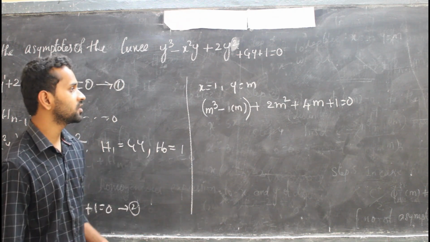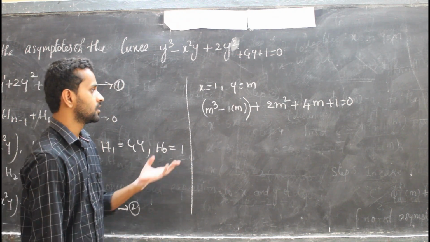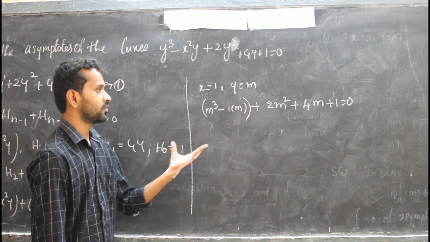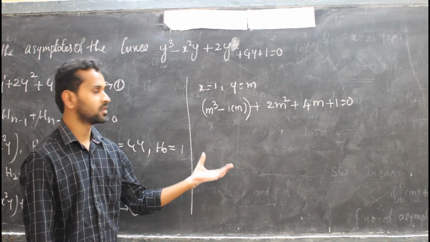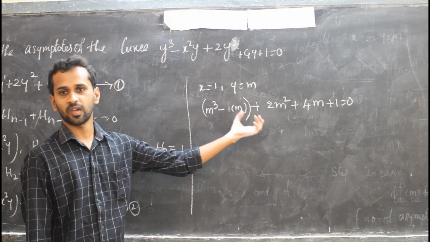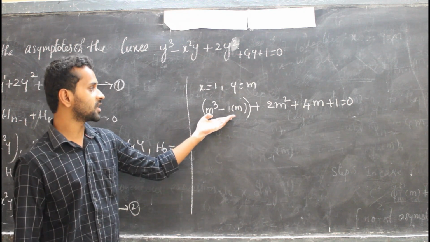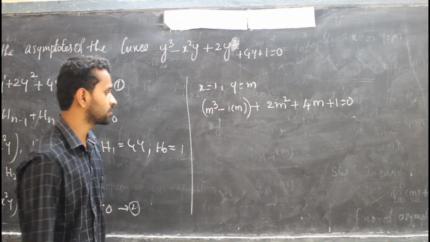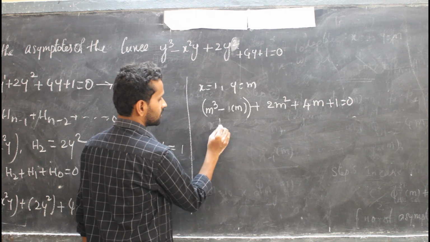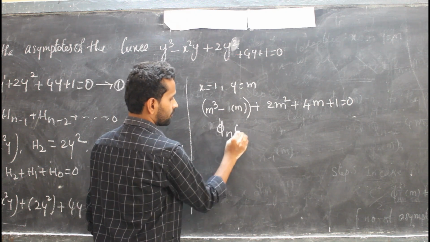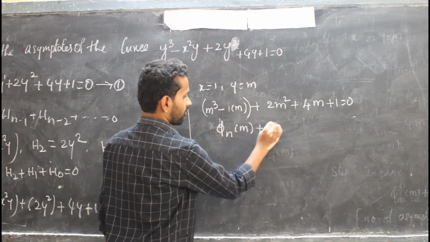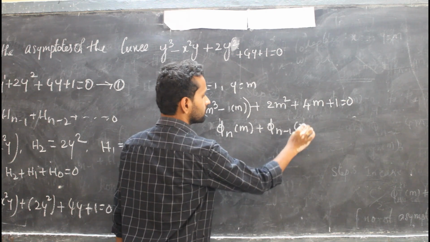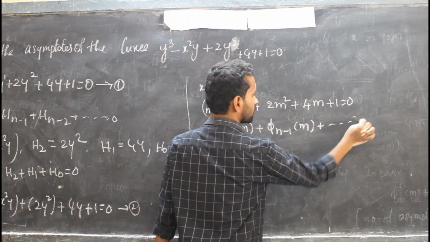Now in this case I need to find phi n, phi n minus 1 here. So the phi n equation in terms of m, I am going to compare with step number 3, which says phi n of m plus phi n minus 1 of m plus dot dot dot equal to 0.